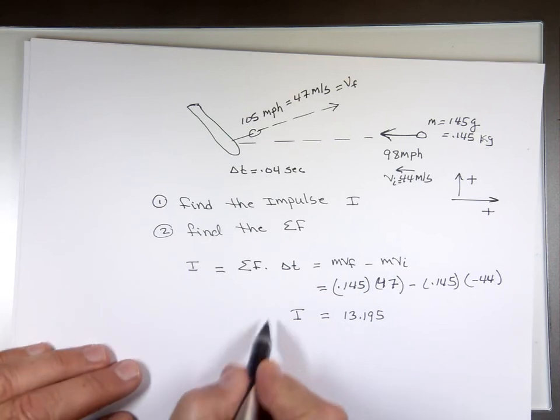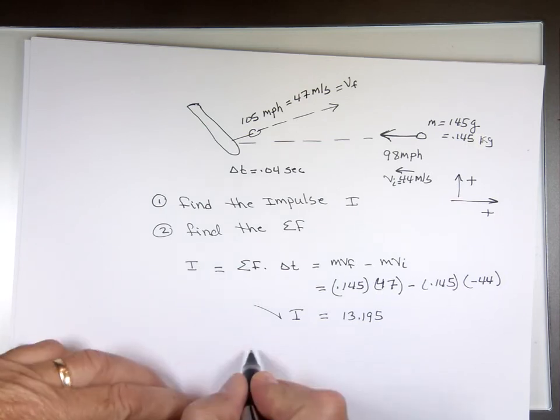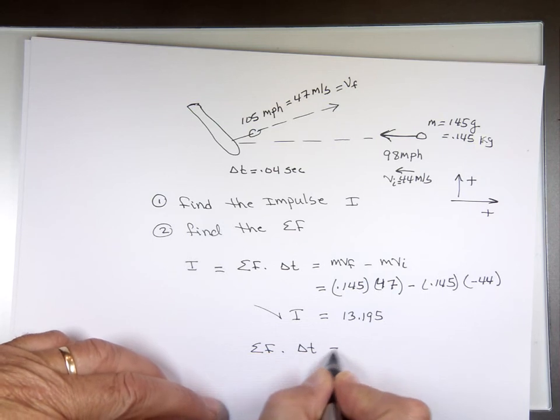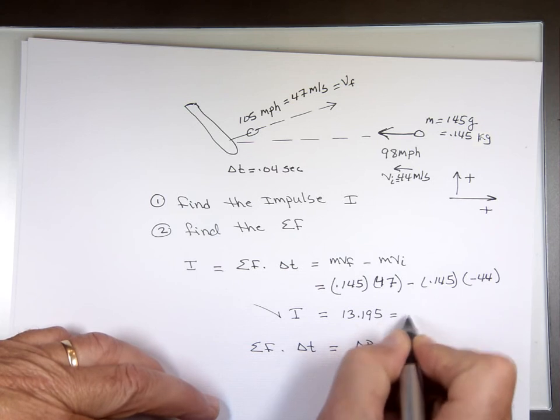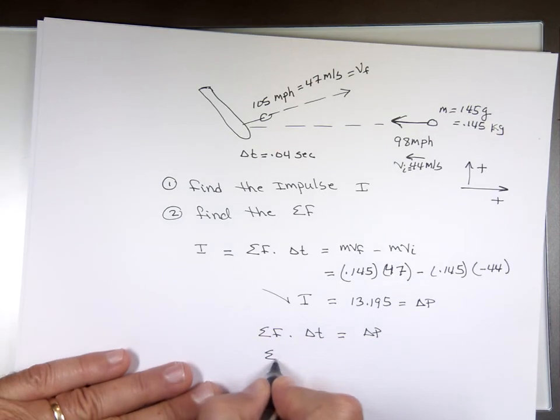The second question: can we find the net force, the force between the bat and the ball? Well, the force times the time equals the change in momentum. The force is unknown, I'm looking for it.